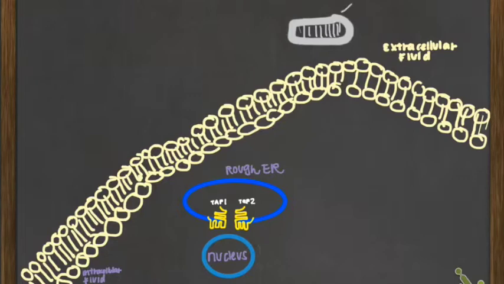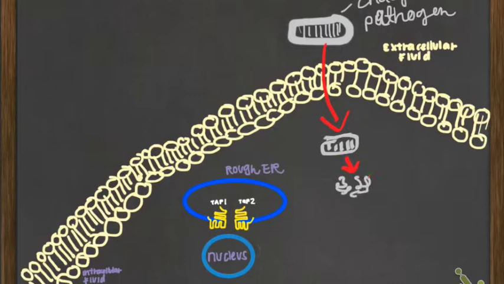A pathogen on the outside, which can be a virus or a bacteria, invades the cell and basically infects it. Now we have the pathogen inside the cell and it makes its own proteins, causing this infection to be endogenous. So now we have these proteins right here.